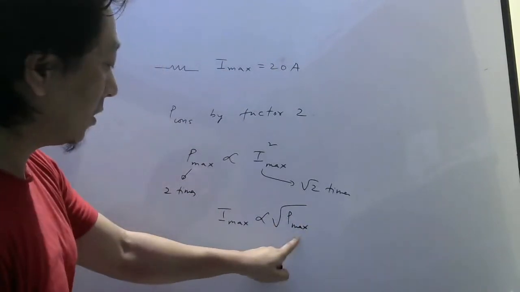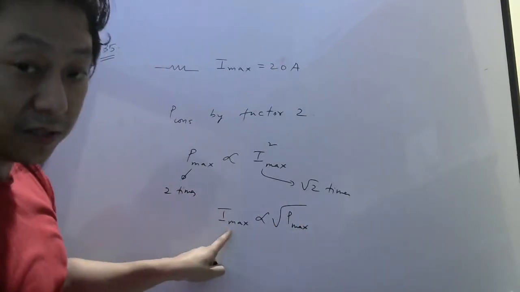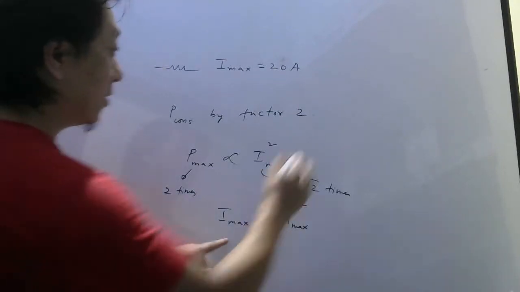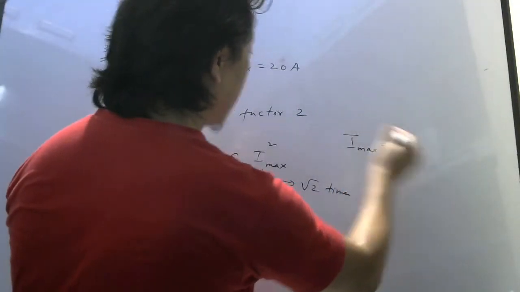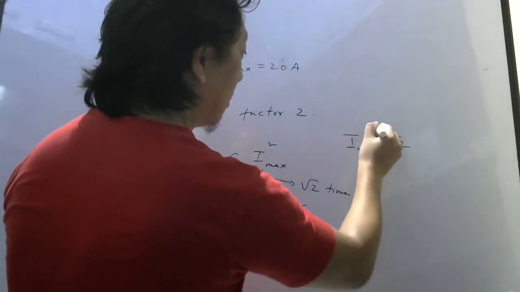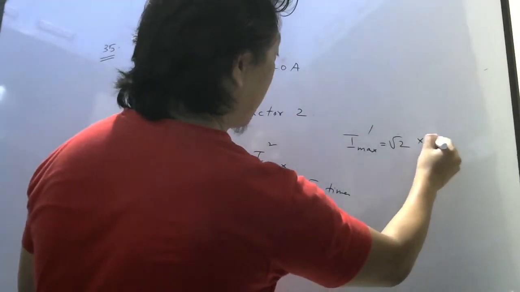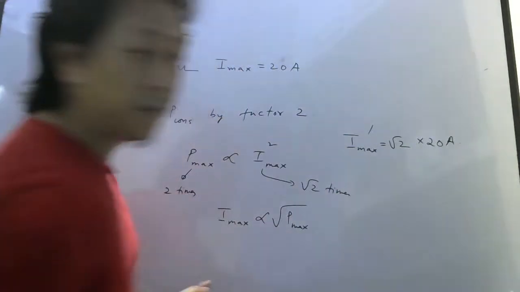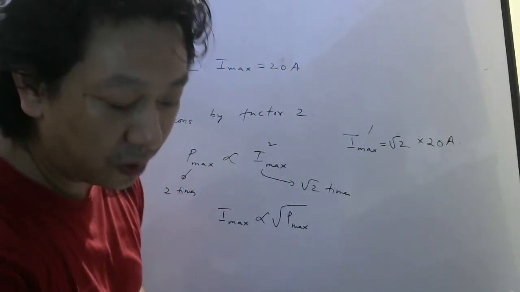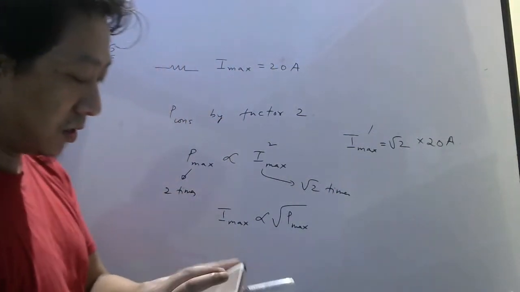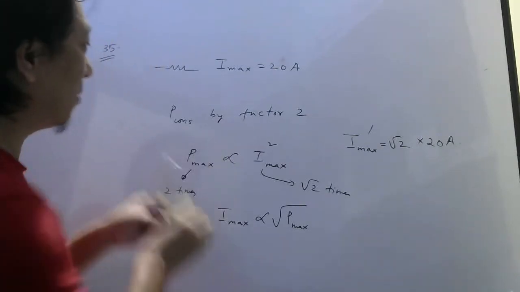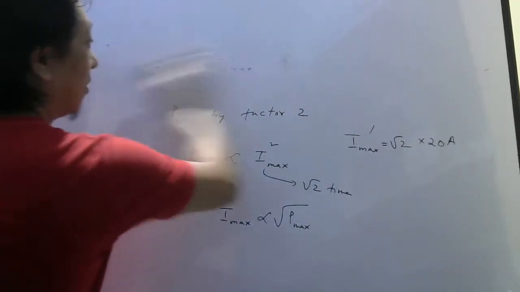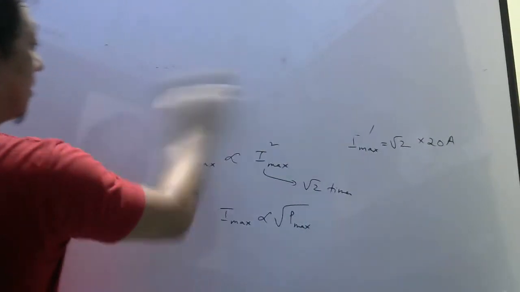So maximum current will now be root 2 times the old one. Old one was 20 ampere, so now it will be able to carry 20 root 2 amperes. Before it was 20, now it is increased to 20 root 2. Simple problem. It is just based on the proportionality concept.